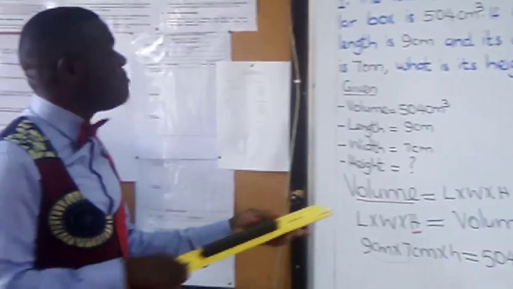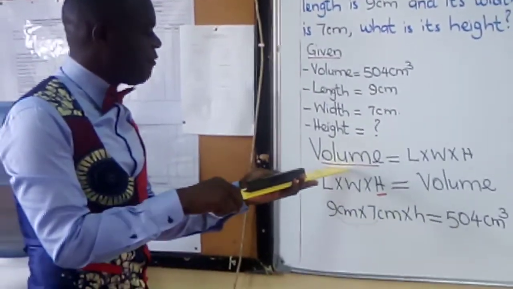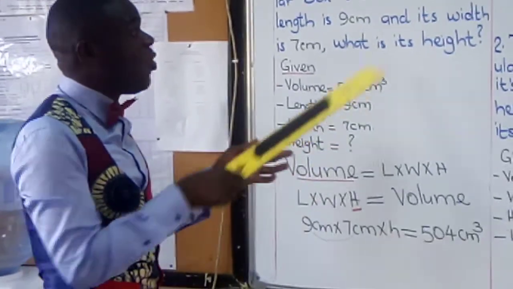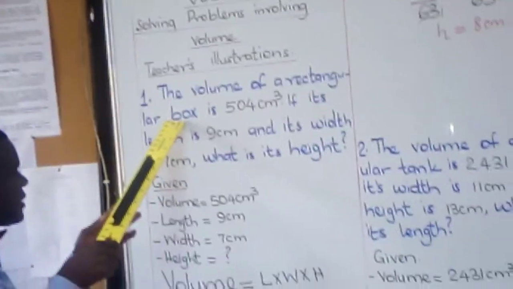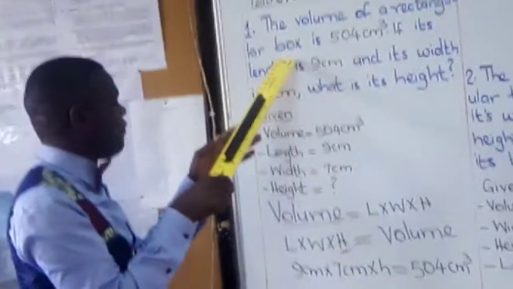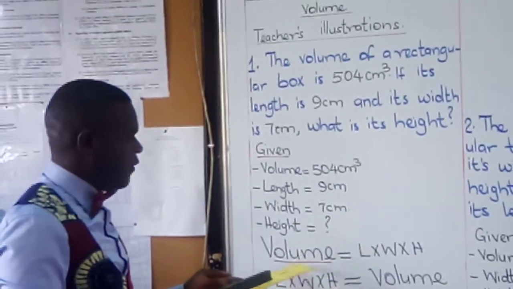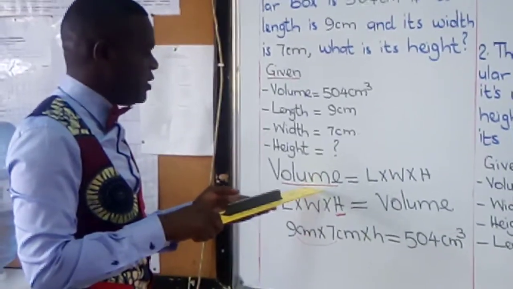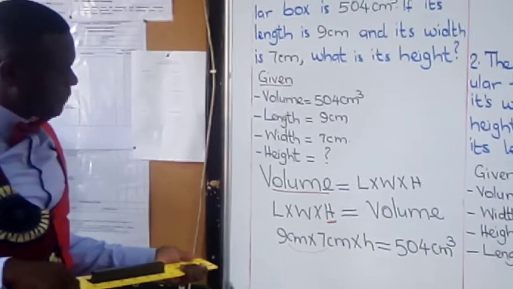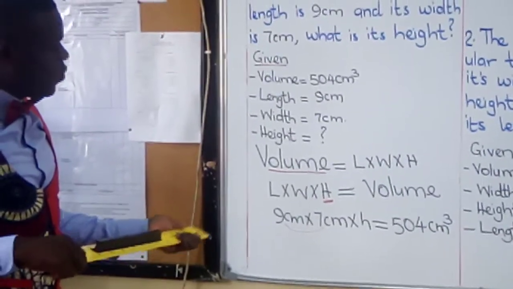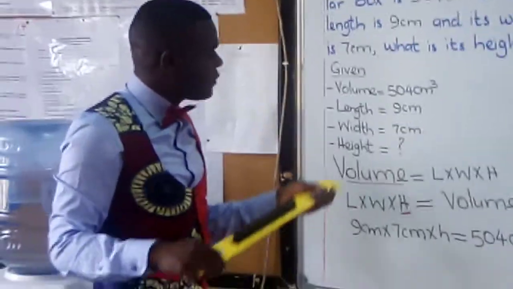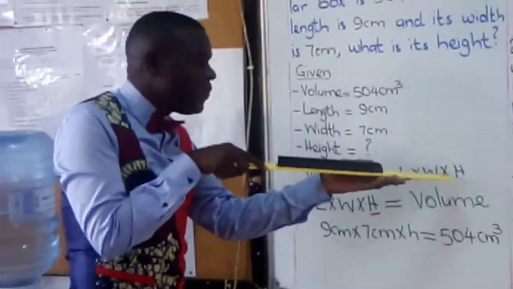Now, what else did the teacher do? The teacher remembered the formula for finding the volume of a cuboid, or a rectangular box. A rectangular box is in the shape of a cuboid. Volume of a cuboid is equal to length times width times height. But we are not looking for the volume. What are we looking for? It's the height, and the height is on the other side.